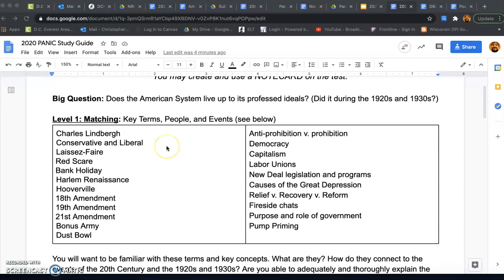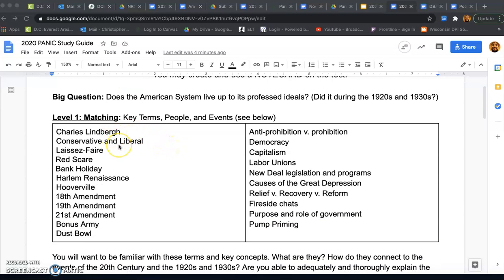Part one of your test is matching, and here are some possible terms, people, and events that you'll probably want to be familiar with. You'll probably want to know some background. You want to understand what these people, events, and key terms are all about and how they relate to the American system from panic, from the 20s and 30s.